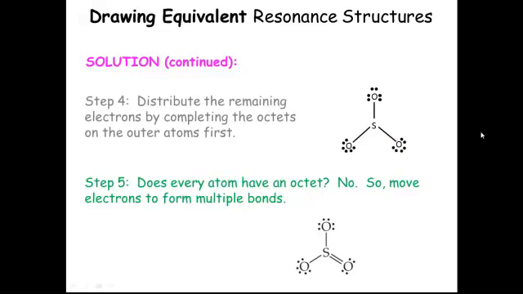If all of us sat as a class and each of us picked a bond to make double, each of us would probably pick a different one, and we'd have 1/3, 1/3, 1/3, with 1/3 the class picking one way and 1/3 the class picking another. So that's the key feature of equivalent resonance forms.